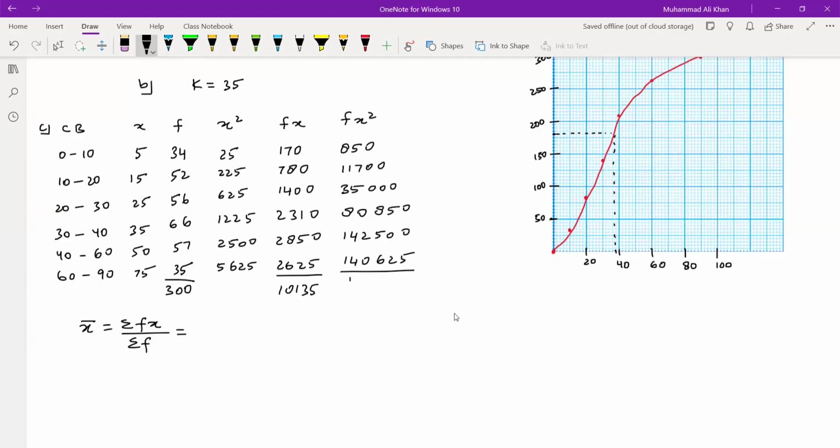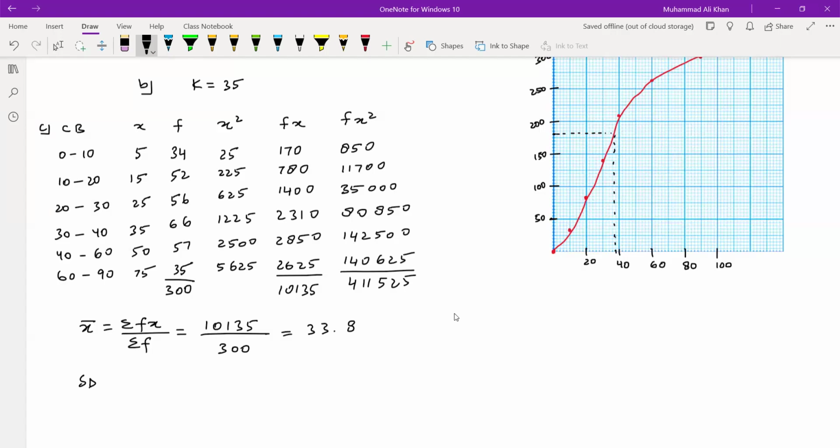It will be 411525. Now here it is, fx over f, summation of fx 10135 divided by summation of f 300. So the answer will be 10135 divided by 300. The answer is 33.8.